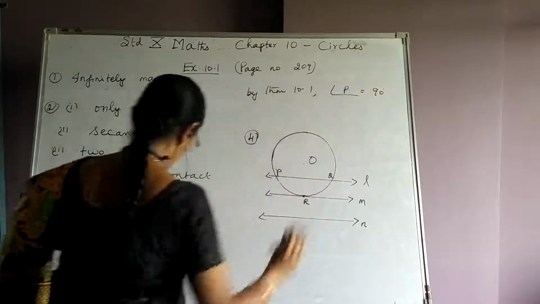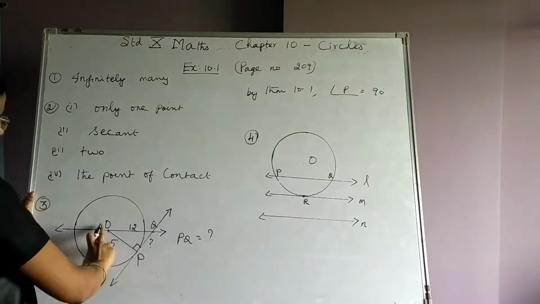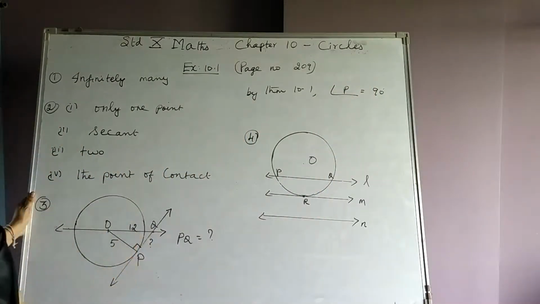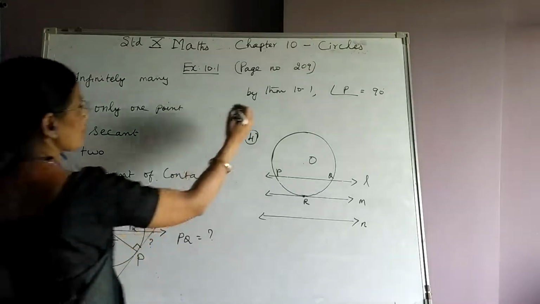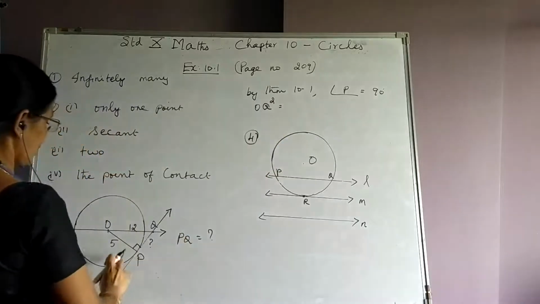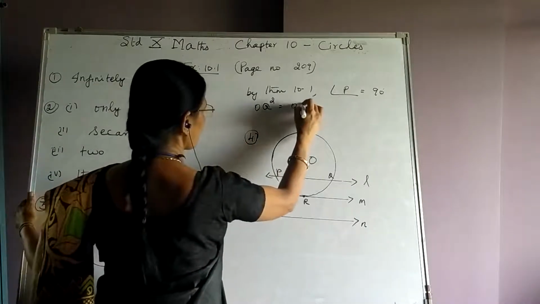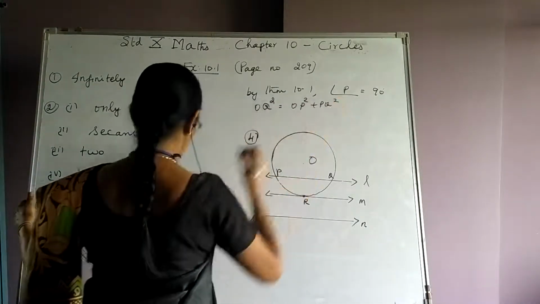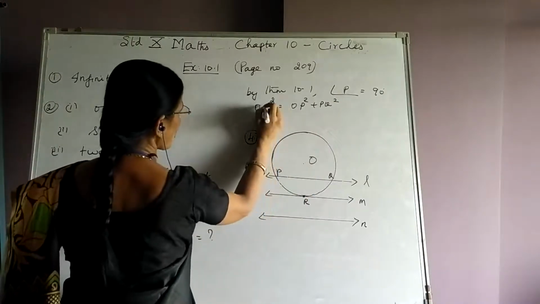Therefore, I write by theorem 10.1, what is measure of angle P? P is equal to 90 degree. Therefore, this OPQ is a right angle triangle. We are going to use Pythagoras. What is Pythagoras theorem? OQ square is equal to OP square plus PQ square. What is this OQ square?